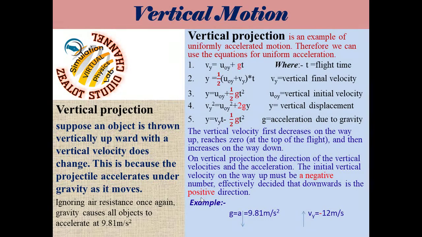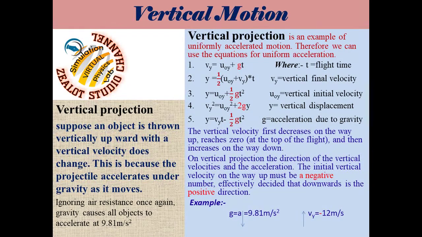Vertical motion is one of the projectile motions, a straight upward motion, when the angle of projection is 90 degrees. Vertical projection means that an object is thrown vertically upward, and its vertical velocity changes depending on the acceleration.